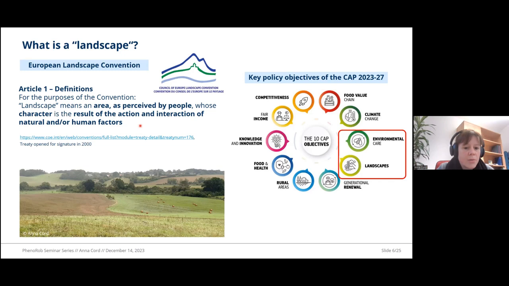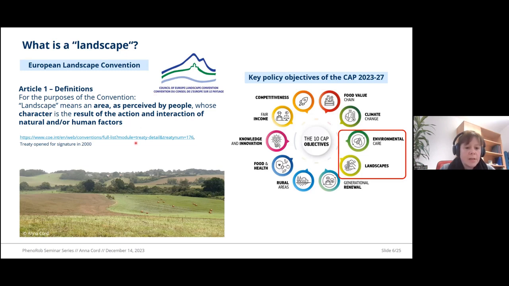By this definition, landscape is an area, and here humans come into play. First of all, it's what we see, and this perception by people is a major point here. So how we see a landscape is part of the whole definition.